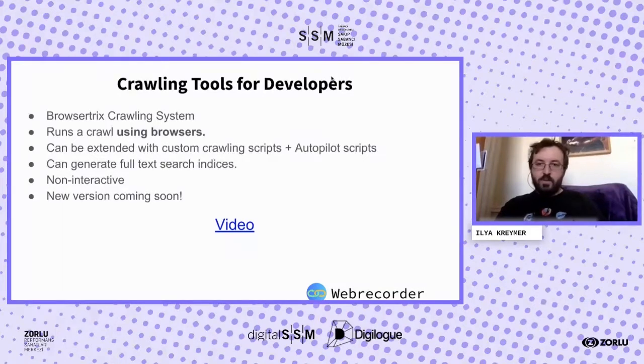And so Webrecorder also does have some crawling tools for developers, and that's the Browsertrix crawling system. The idea, again, is to crawl entirely using the browsers, and there's a new version of this in development, and the idea is that this is closer to traditional crawling, but again is using the browser and can capture things at high fidelity.